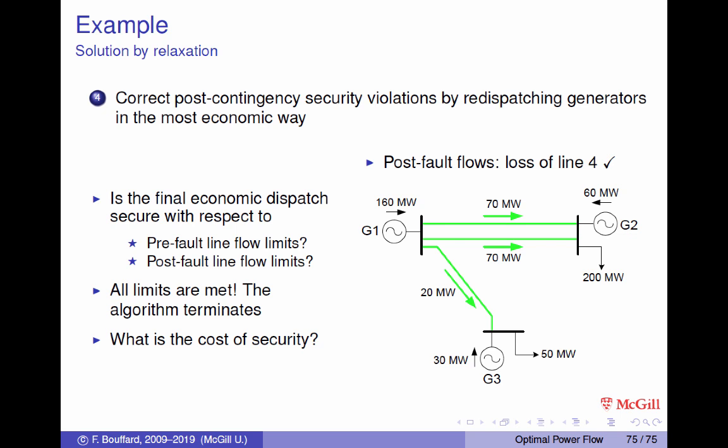So how much did you have to pay extra to make sure that if any of those line limits is violated, you had to redispatch? What is the cost of that redispatching? And we call this the cost of security. It's the delta cost between a security constrained optimal power flow and a basic economic dispatch.